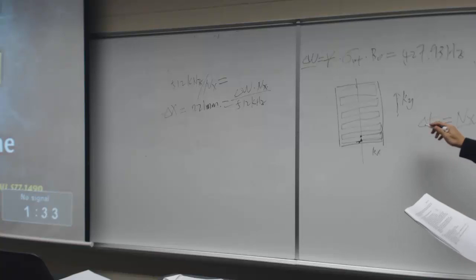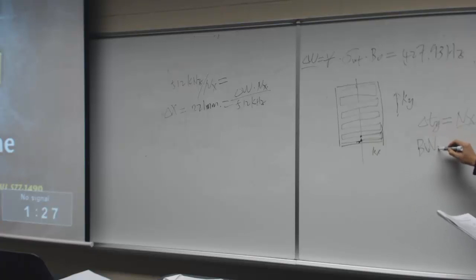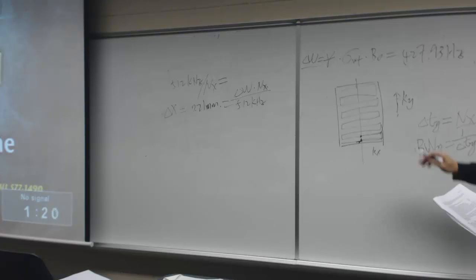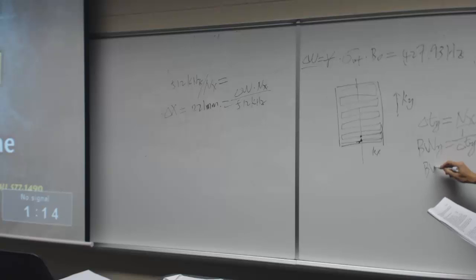Right. So the bandwidth along the y direction is 1 over delta t y, right? And we know the My, so the bandwidth per pixel is bandwidth y divided by My.